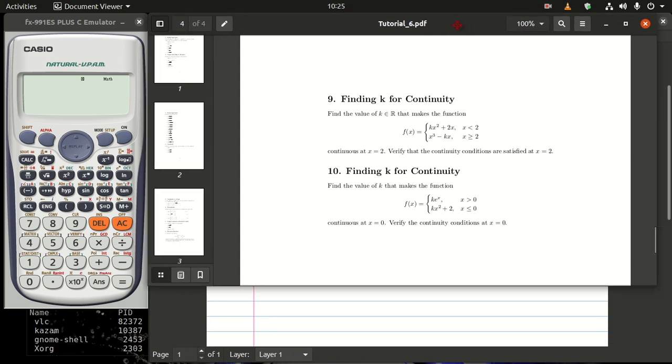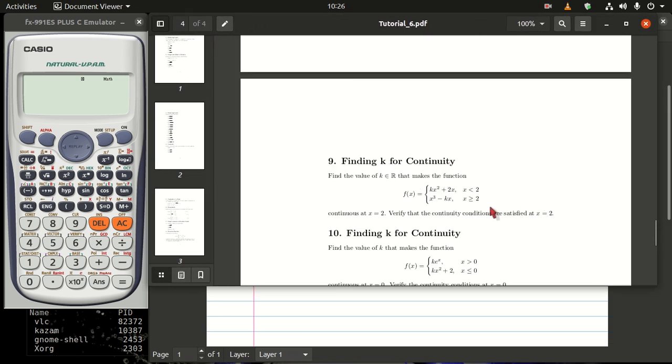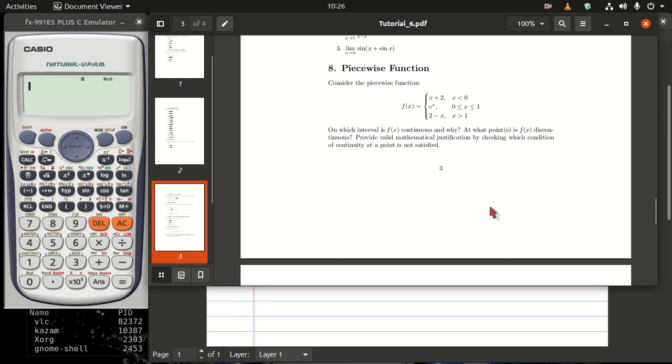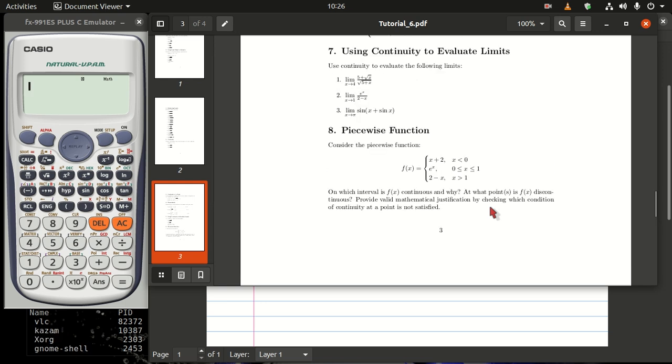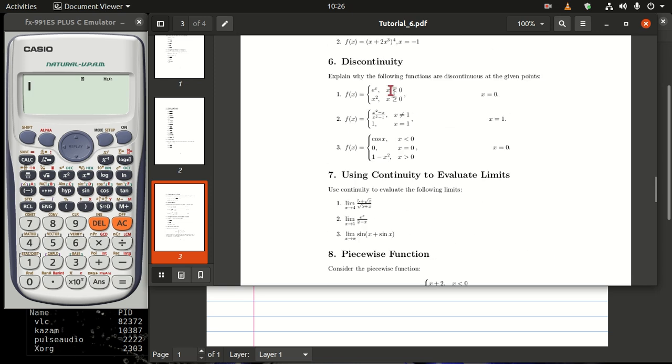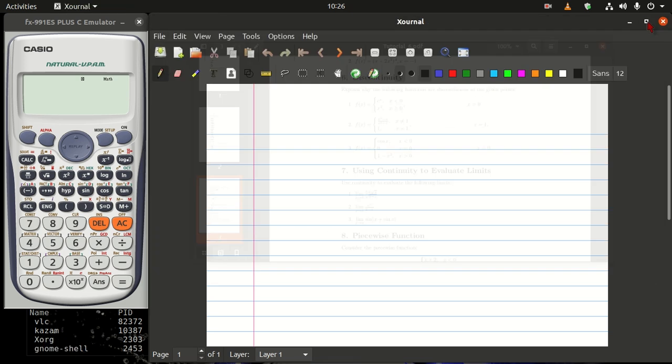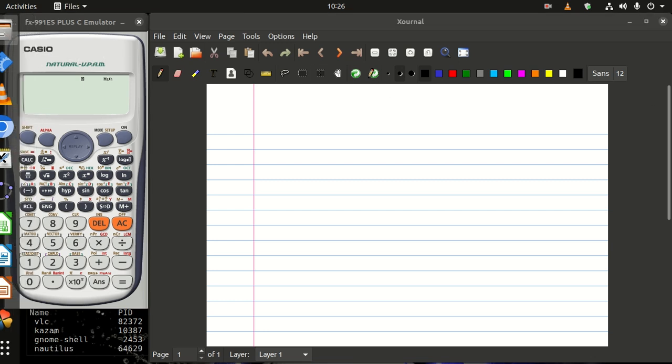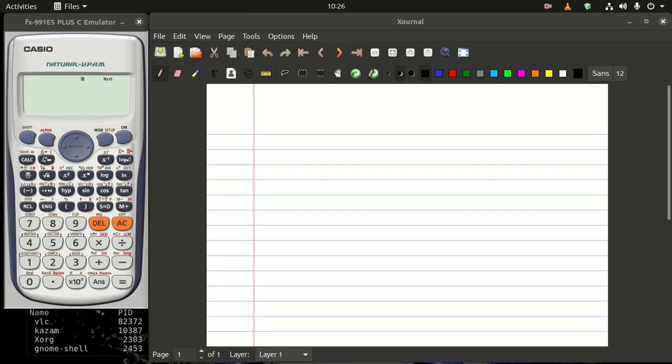Let's look at this tutorial 6 here, and the questions. These are exam type questions. Evaluate, use continuity. I'm just going to highlight some of these. I don't know why this thing is not showing. I want to make sure that at least you get this continuity thing. I have tutorial 6.